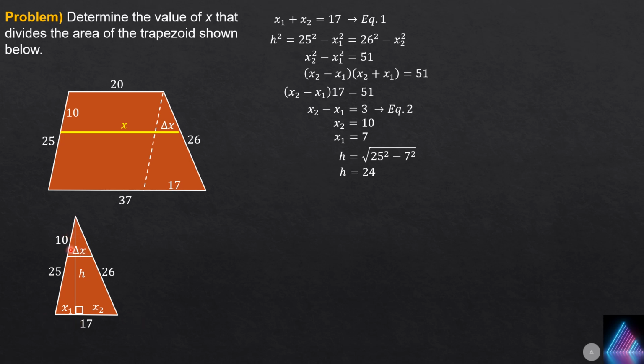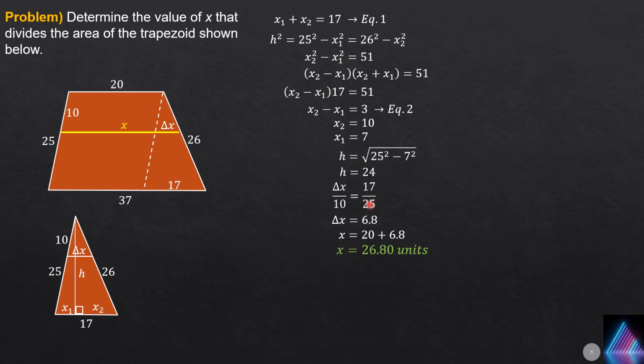Delta x is to 10 equals 17 is to 25. So solving for delta x is 6.8 units. Finally, we can now determine the length of the dividing line. It is equal to 20 plus 6.8. So the length of the dividing line x is 26.8 units.